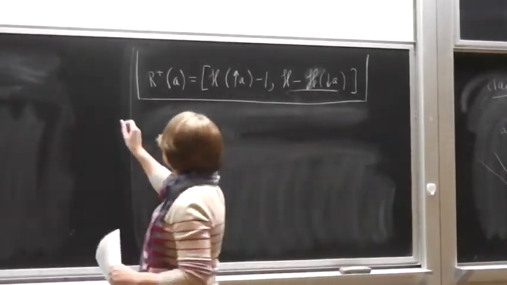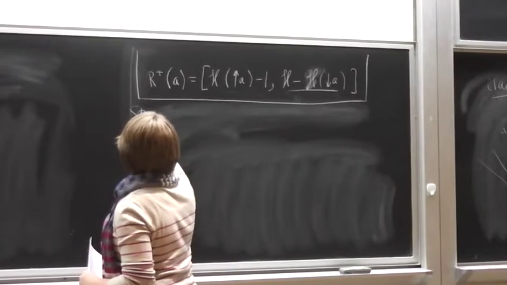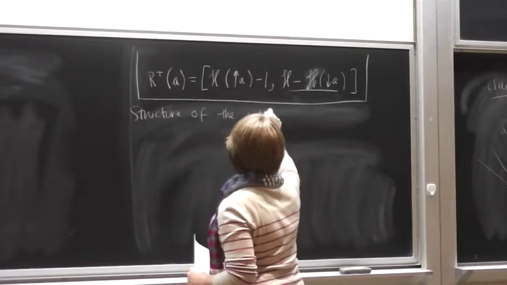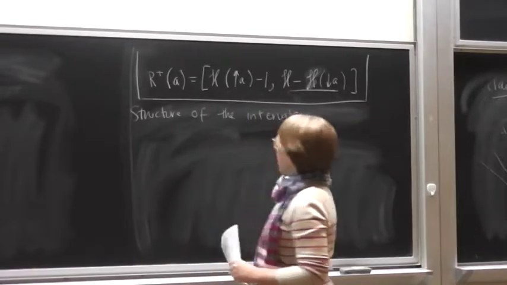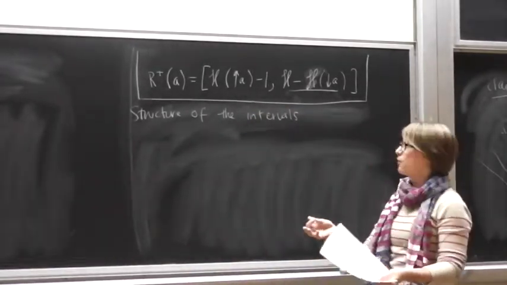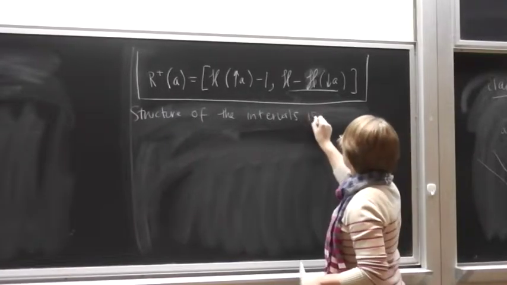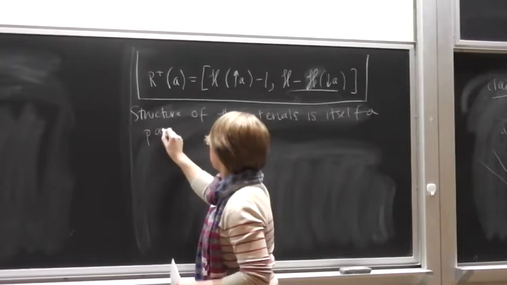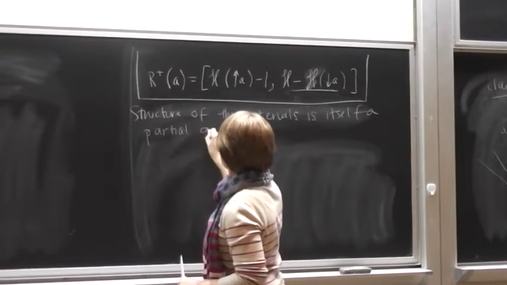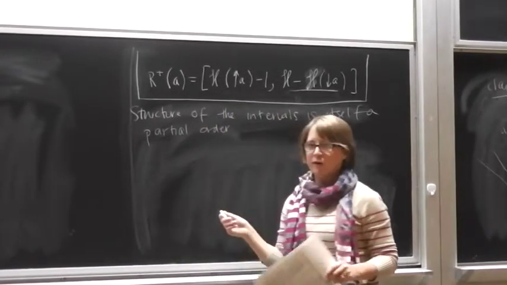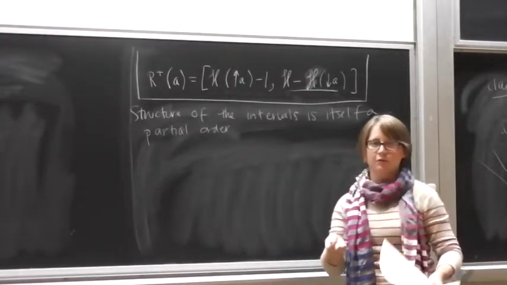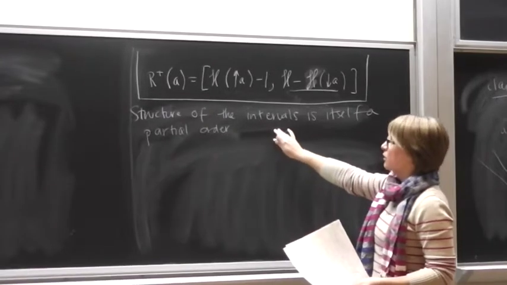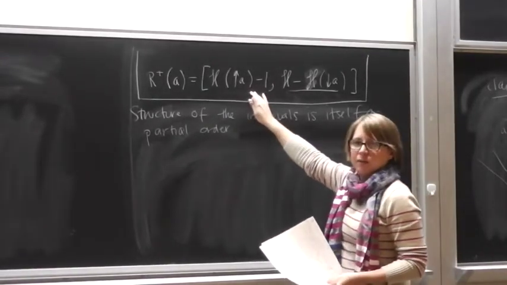And we noticed that the structure of the intervals, because of how we define the interval rank function, is itself a partial order. Right? So if I look at the intervals, because we define these interval orders, the weak and the strong and the subset, I can actually partially order the intervals that I get when I do the interval rank.